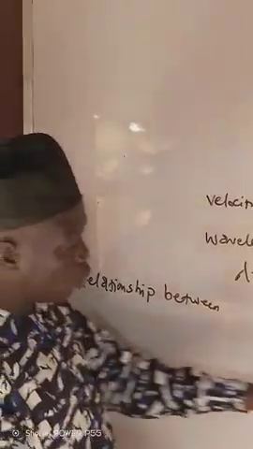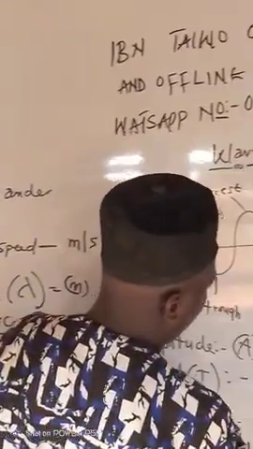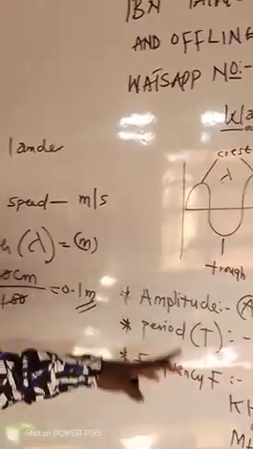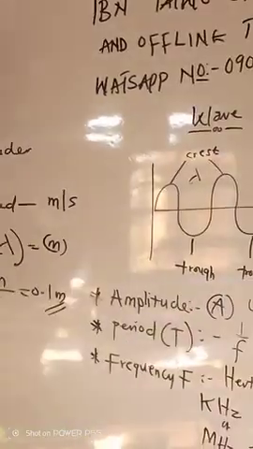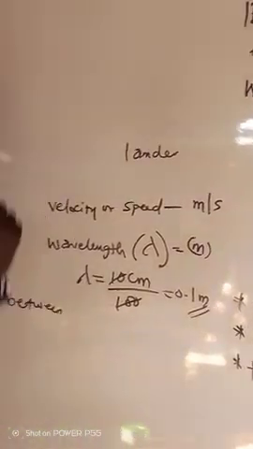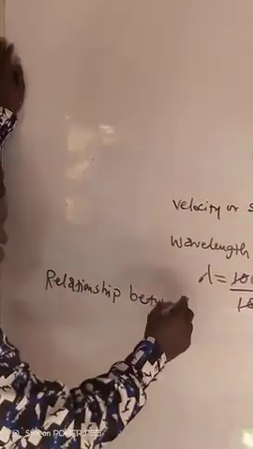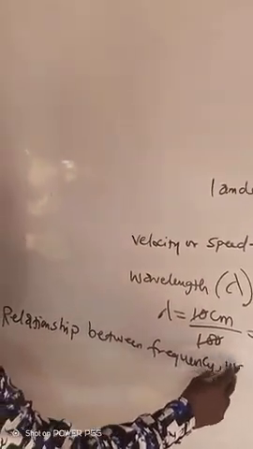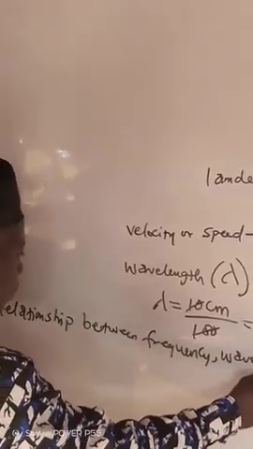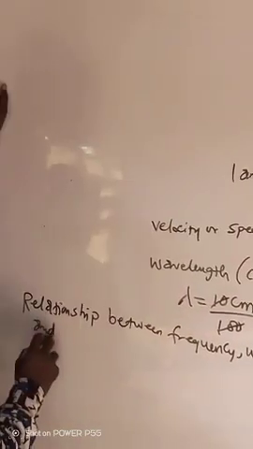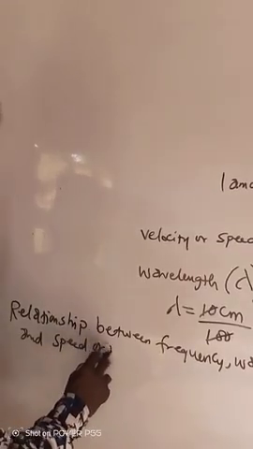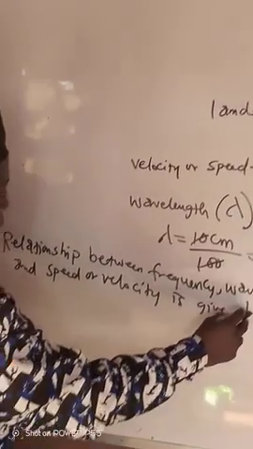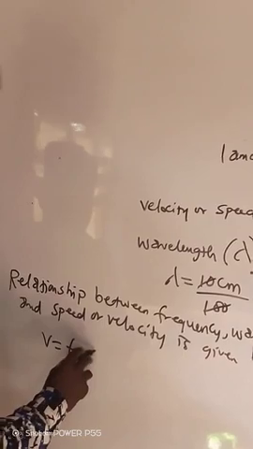Now let's talk about the relationship between frequency, wavelength, and speed. Don't forget that the formula to calculate frequency is 1 over period, and to calculate period is 1 over frequency. Now, the relationship between frequency, wavelength, and speed or velocity is given by v = fλ.